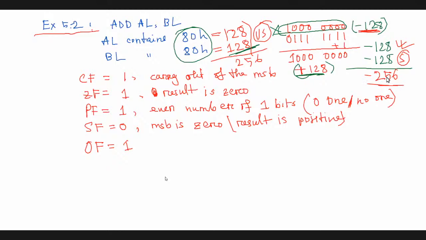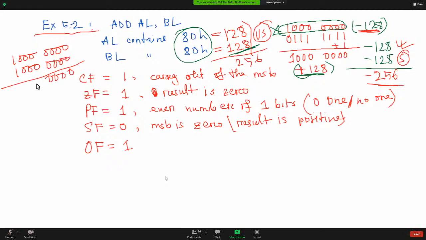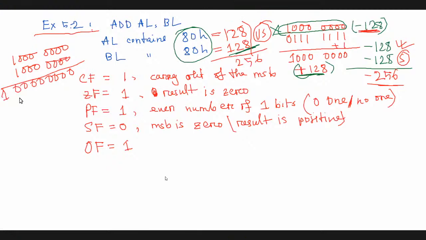But actually, what did you get? Actually, you get this one: 0, 0, 0, 0, 1, 0, 0, 0, 0, 0, 0, 0. So you add, you get 0, 0, 0, 0, 0, 0, 0, 0, 1. So what is your result actually?